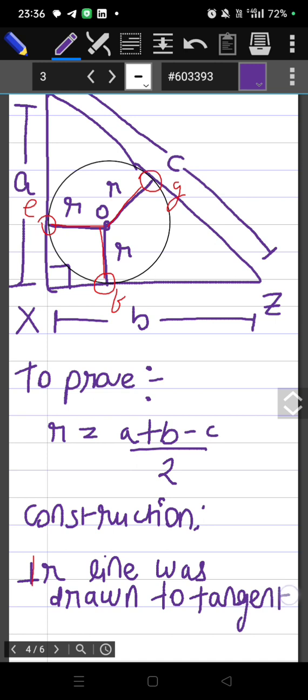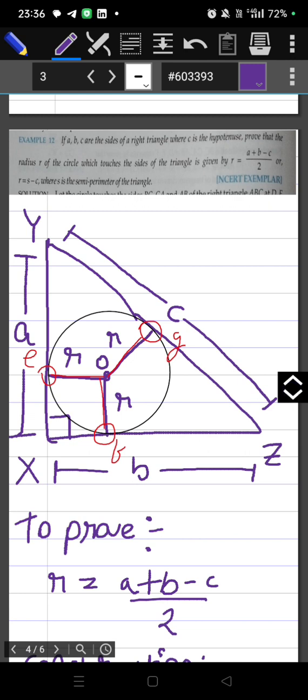These are the steps when you solve in the board exam, so that is the reason why I am focusing. These are very important steps, the construction. So observe this very carefully.